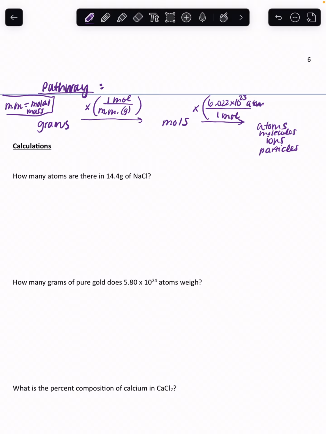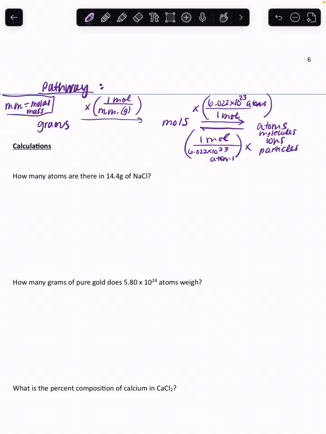I'm just going to put atoms here for the sake of it. Now, we can go back the other way. If I want to go from atoms back to moles, I'm going to want to multiply by the opposite of that, which would be 1 mole on the top, because that's what I want, and then Avogadro's number on the bottom.